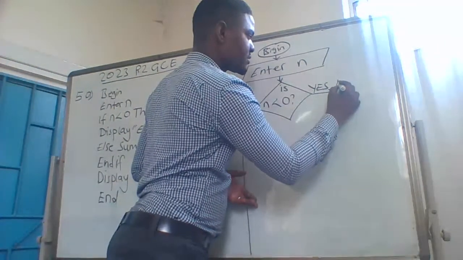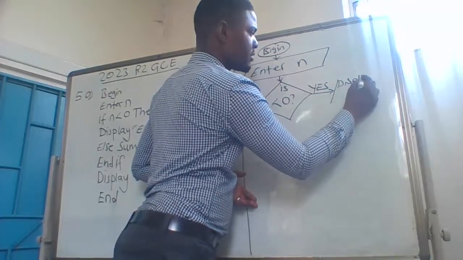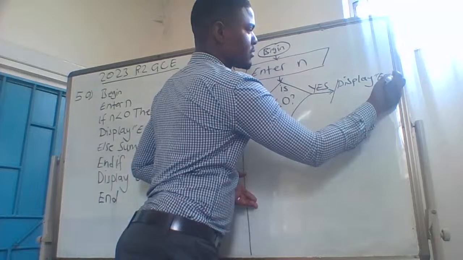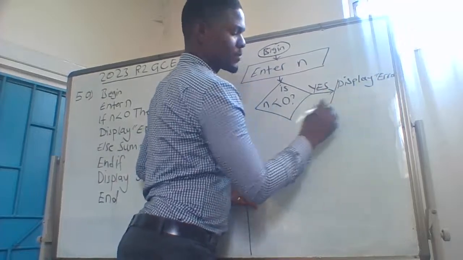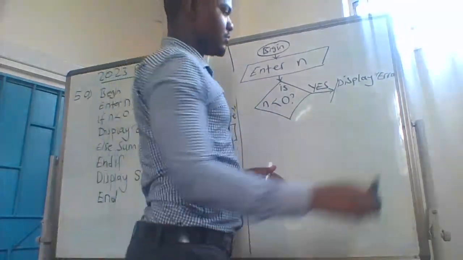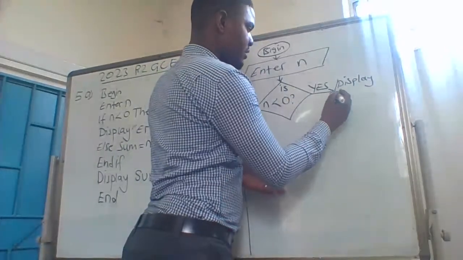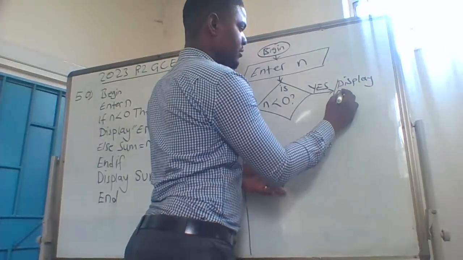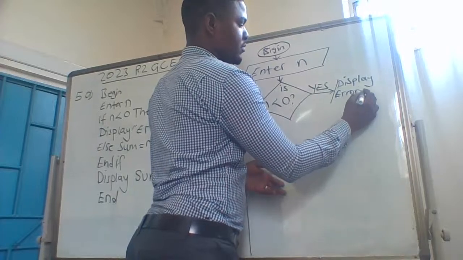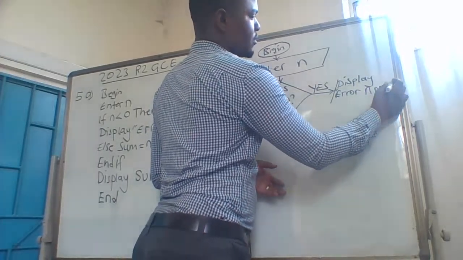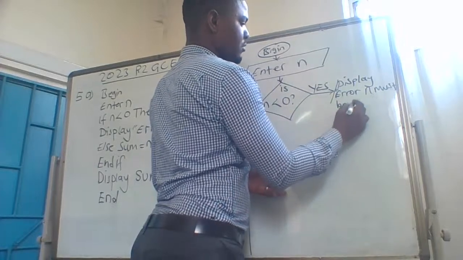So write this: display error, n must be positive.